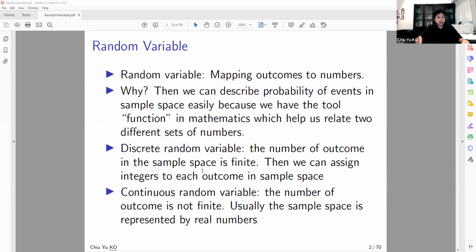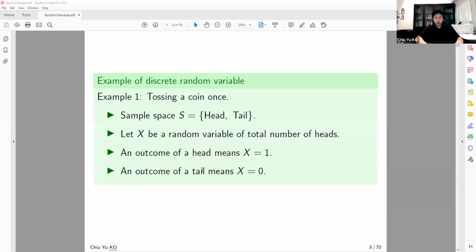Let's take an example on the next page. Suppose you toss a coin once. Then the sample space is head and tail, or H and T. Let X be the random variable, the total number of heads. So based on the number of heads, you map to a number.